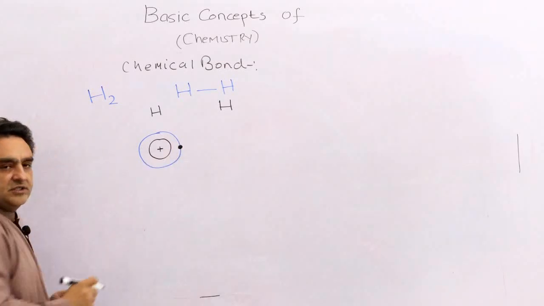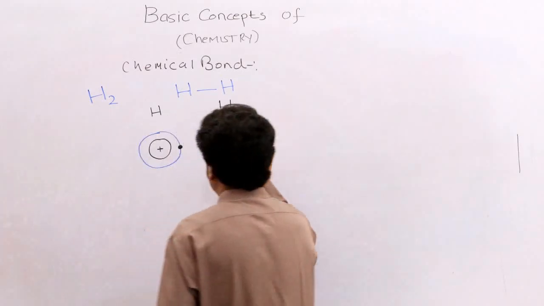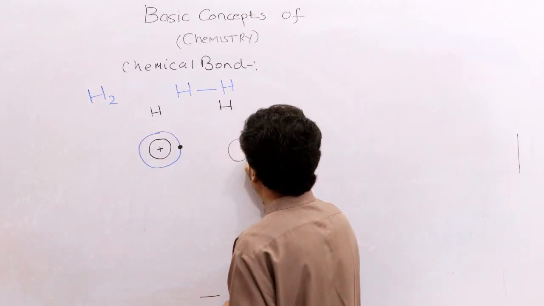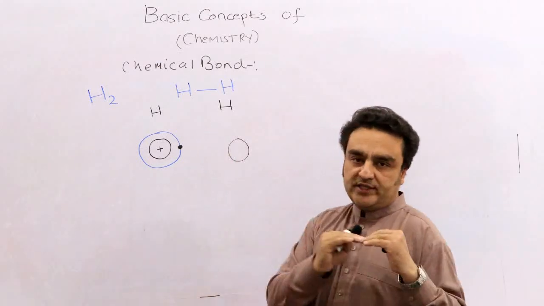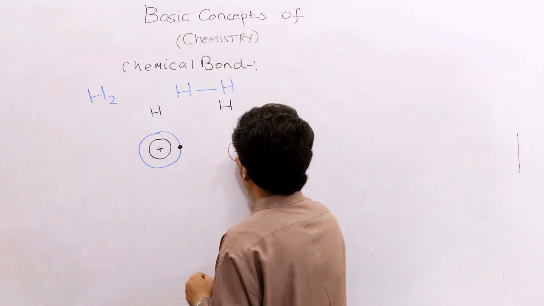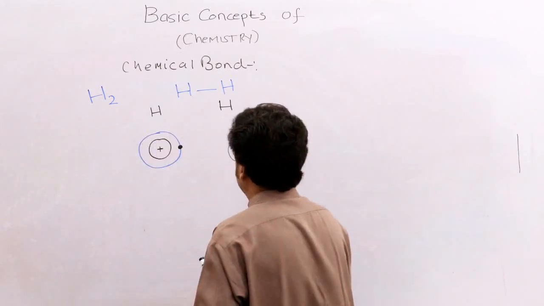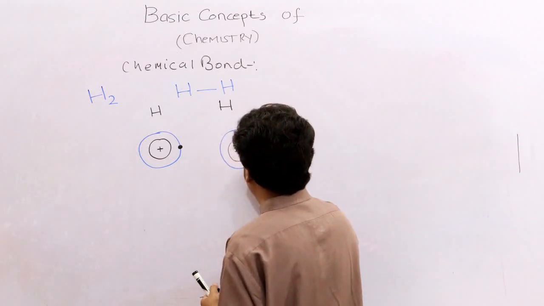This black dot is an electron, and I have drawn another atom, because we want to join them, to see how they form a chemical bond. This is again a positive charge, and this circle is the K shell.